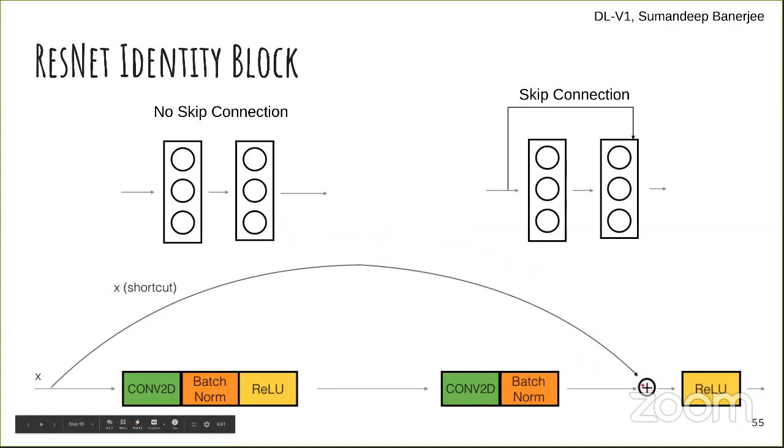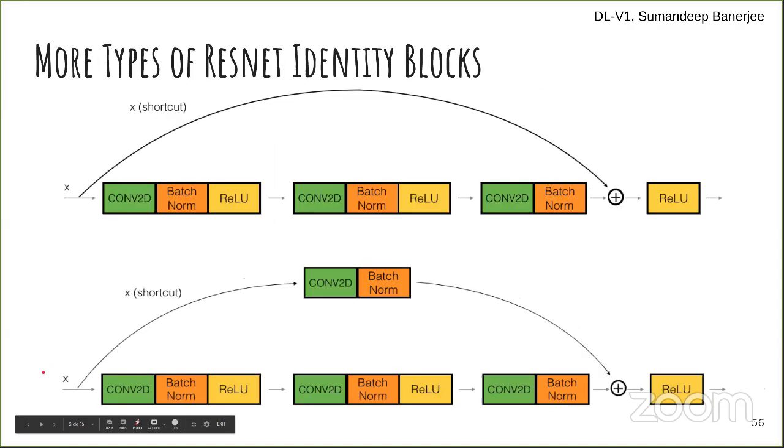So the gradient gets split over this addition operation, and part of the gradient passes on to earlier layers. Every second layer they added a skip connection, from the beginning of the first layer to the end of the second layer, so that during backpropagation the gradient has a chance to at least propagate to the earlier layers.